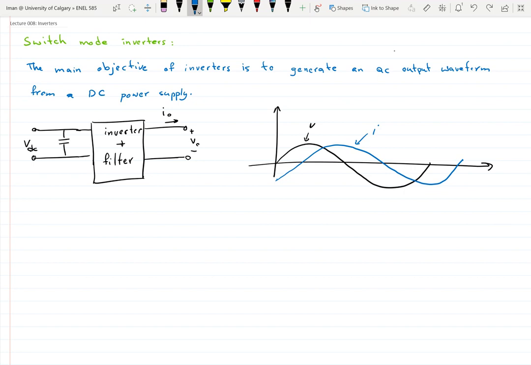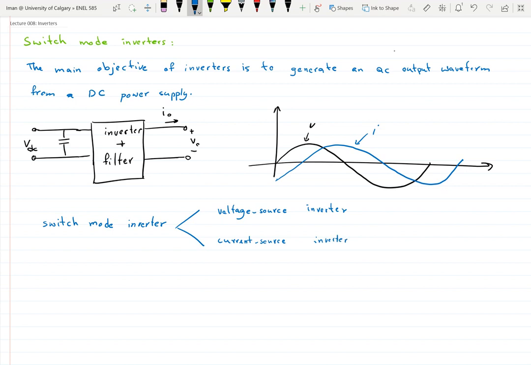So there are basically two types of switch mode inverters. The voltage source inverter, and the current source inverter.